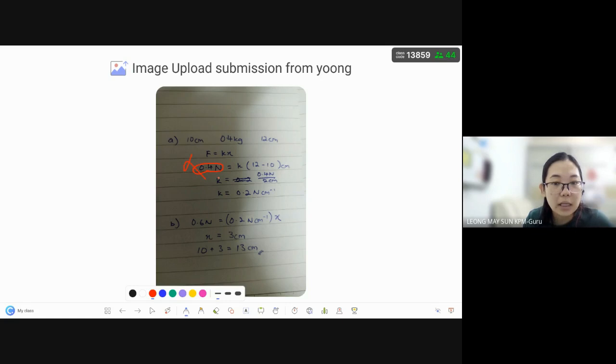So when he calculated, he actually got the wrong answer. But when he substituted into here, this is still acceptable. But Hua Yong, again, what are you doing over here? Same thing like Ejet, even though I can see what you're trying to do, but working wise is not really proper. Okay, Hua Yong?